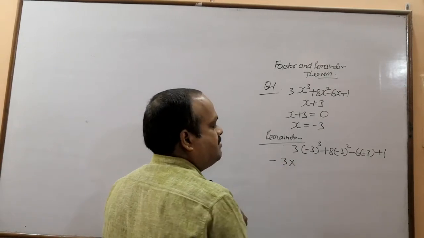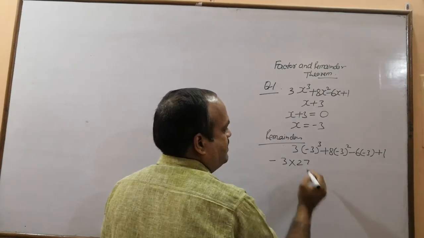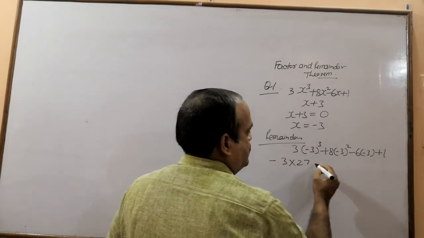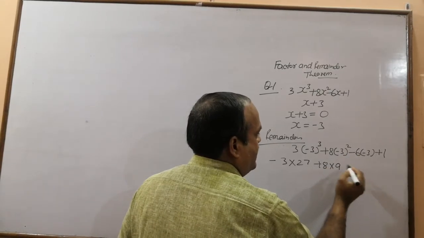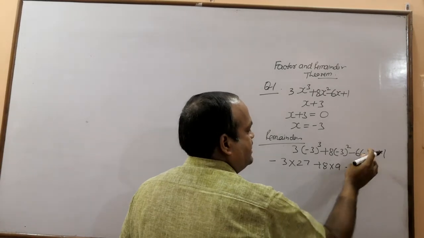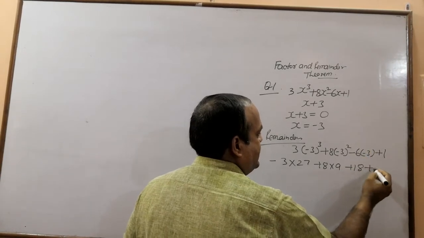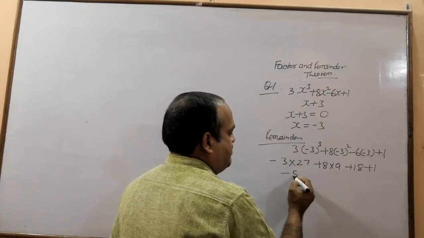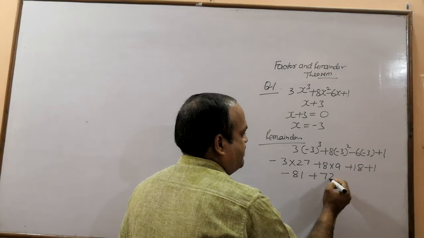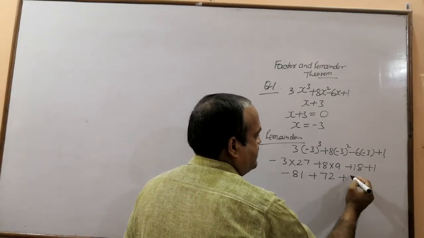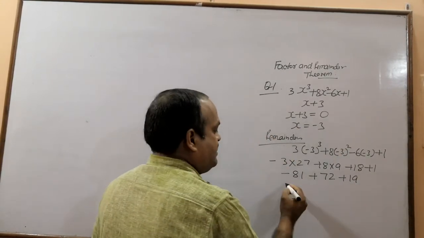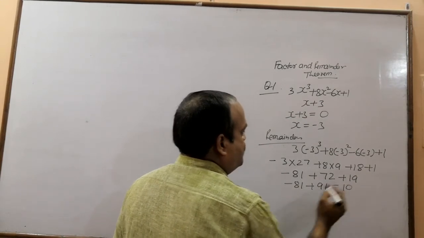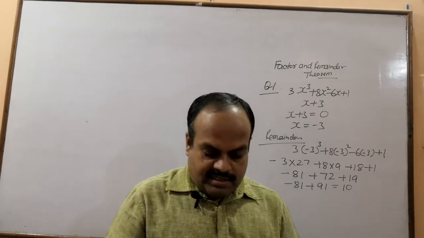So this becomes 3 into minus 27, and the square of a negative base becomes positive, so plus 8 into 9, minus 6 into minus 3 is plus 18, plus 1. So minus 81 plus 72 plus 18 plus 1 gives 10. So, the remainder is 10.